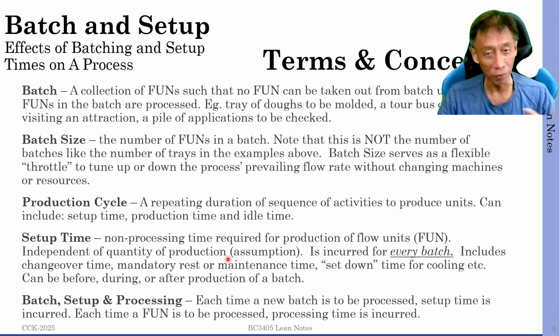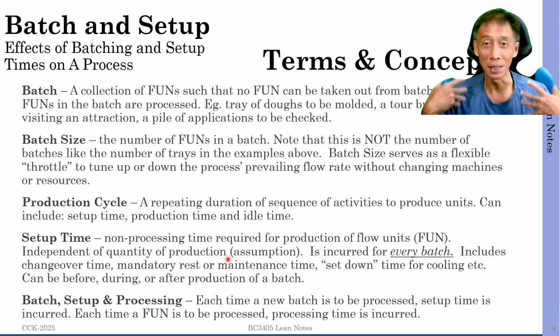I take three or four minutes, and then I look around the class, half empty or half full. So no choice. I have to wait another 6 minutes for the rest of the students to come in. My CPU cannot start until my flow units are all in the batch. So until the batch is filled, then I can start.